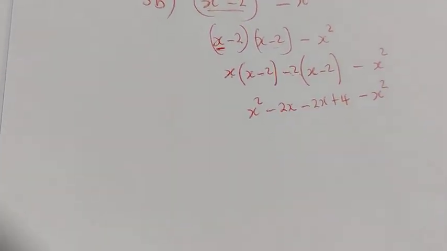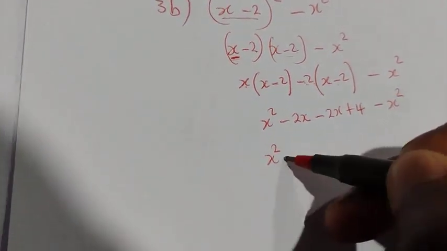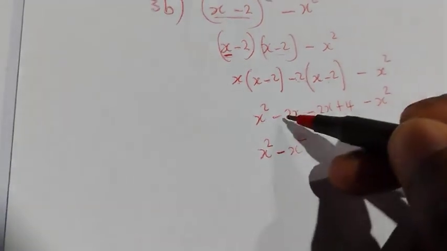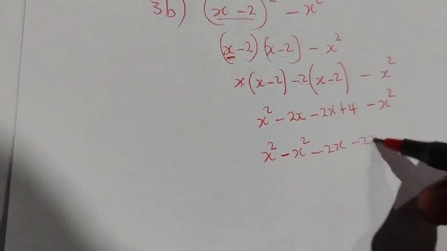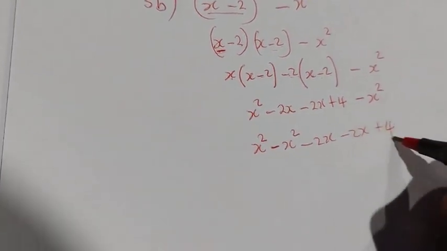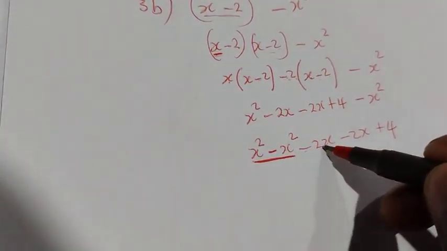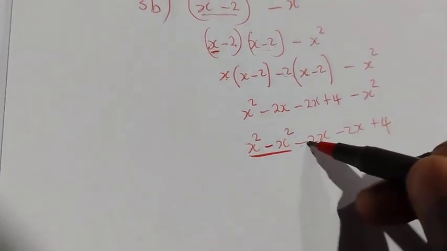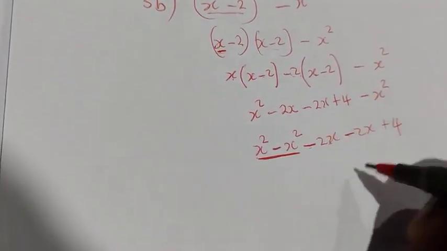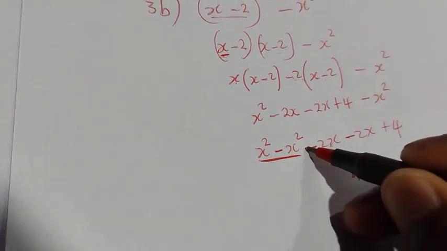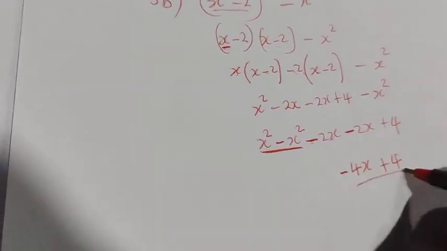Now let's group the like terms. We have x squared, let's take minus x squared. We have minus 2x, another minus 2x, then plus 4. x squared minus x squared is 0. Minus 2x, we have a negative and a negative. We just add 2x plus 2x, that's 4x. But the sign we are going to take is negative. Then plus 4. Right?